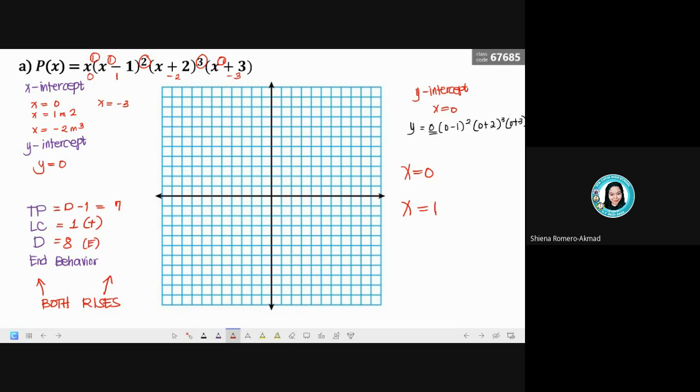X is 1. X is negative 2. X is negative 3. So, yung multiplicity 2, multiplicity 3. So, kapag even, tulad nito, it will only touch. Pag ito naman, cross. And ito, syempre, cross. Cross.